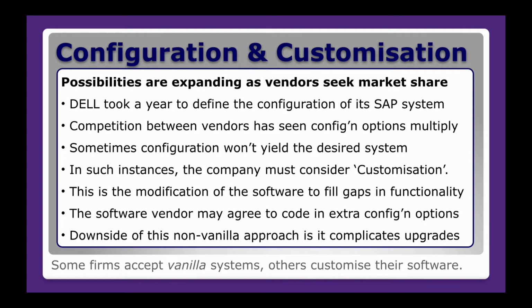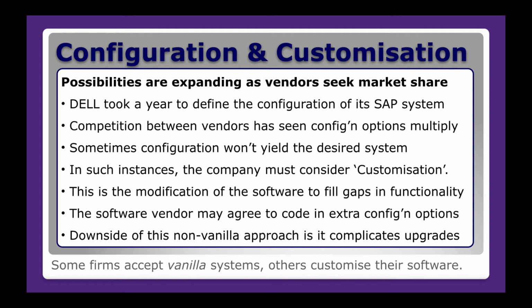But because there's a lot of competition between ERP software vendors, configuration options have become much more flexible and much more powerful. However, sometimes configuration alone won't yield the desired system, and in that case you just need to do some customization.